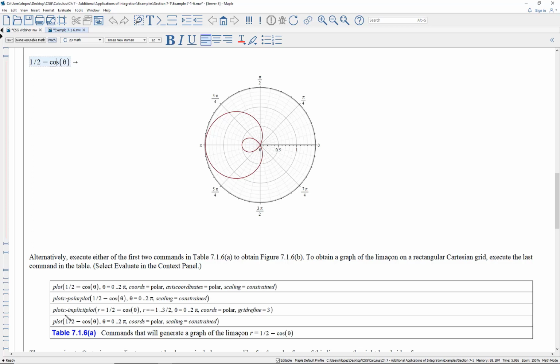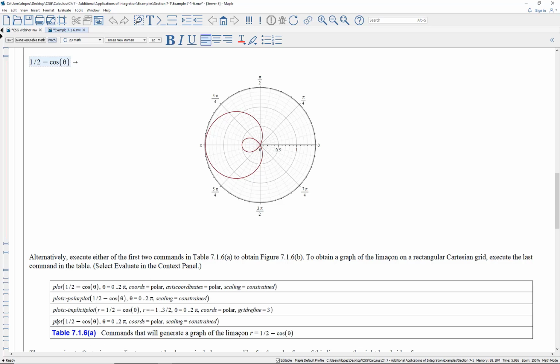If you go plots, because this implicit plot command is in the plots package, give it the equation, and r will go from -1 to 3/2. Theta goes from 0 to 2 pi. Coordinates equals polar. You'll get this graph, but you do not get this axis as you have here.